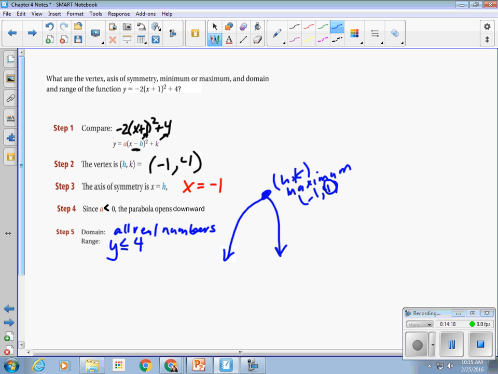You can also write it as negative infinity to 4 with a bracket because 4 is included. If 4 wasn't included, it would be parentheses. That's bonus today.